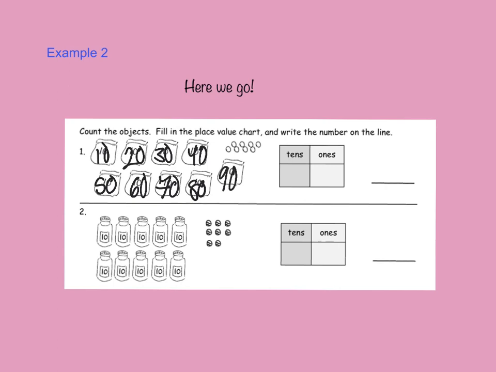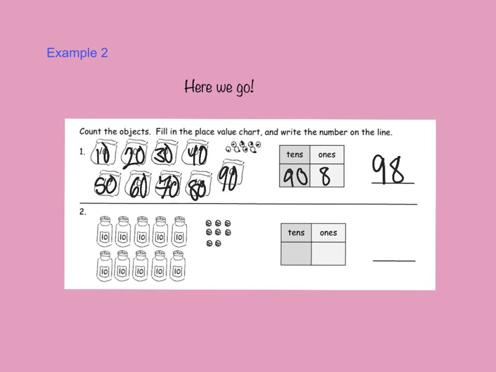After you count that, you put 90 here. And then you count 1, 2, 3, 4, 5, 6, 7, 8, and you put the 8 in the ones. And then you come over here, the total number is 98.